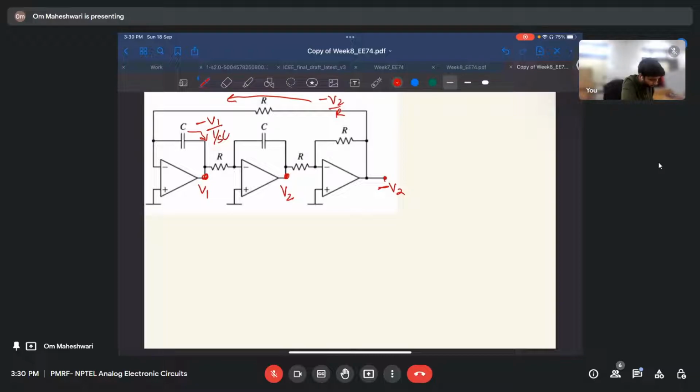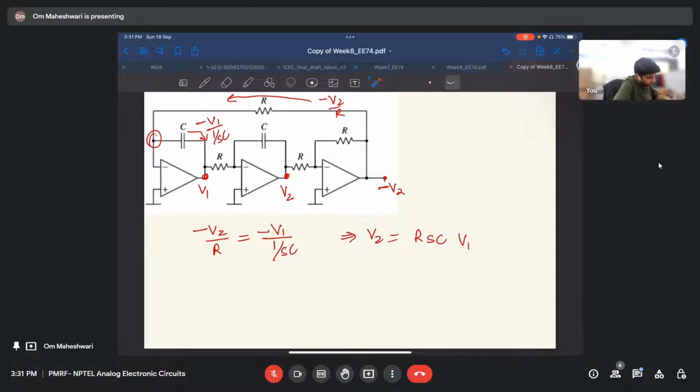So writing KCL at this node, minus V2 by R equals minus V1 by 1 by SC. This will give V2 equals RSC V1.